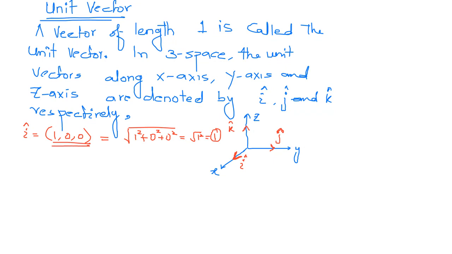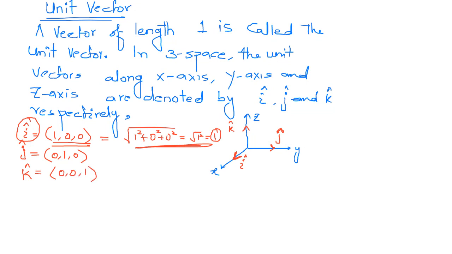It is the unit vector of the x direction, because here y and z are 0. Similarly, the unit vector for y is 0, 1, 0. Its length is also 1.